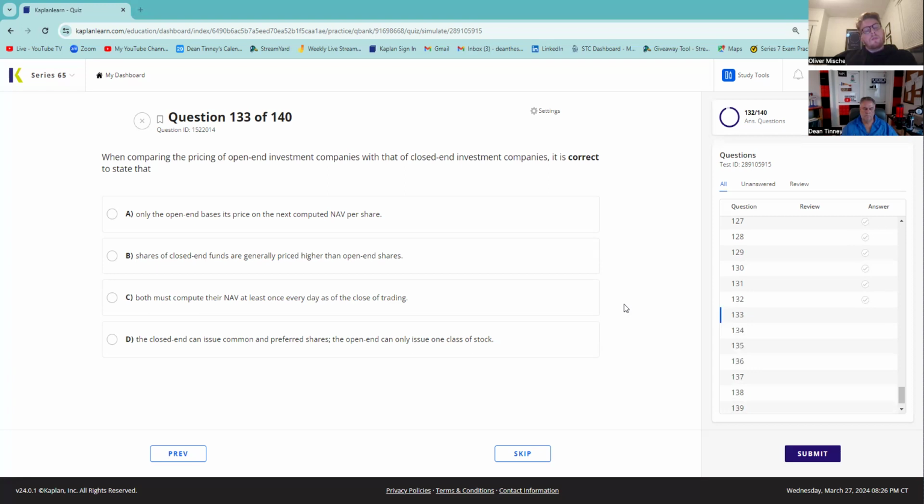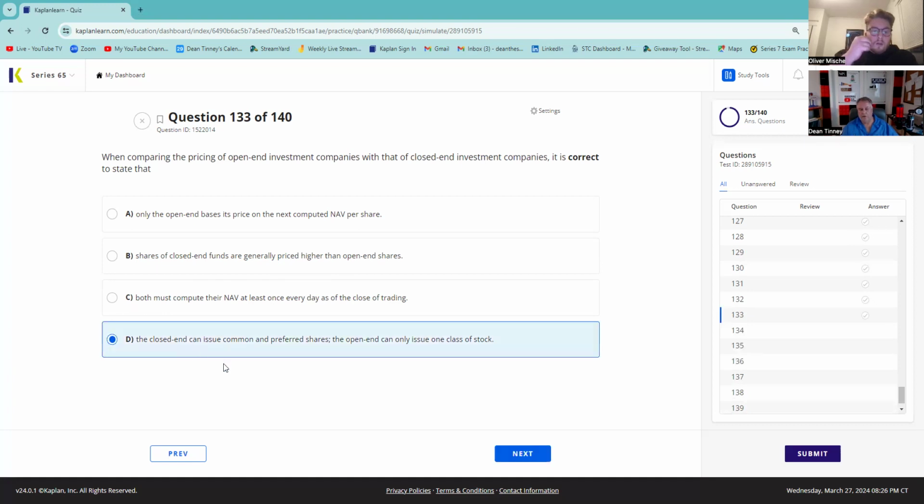D. No, closed-end funds can issue open-end funds. It says is correct. You said the closed-end fund can issue common and preferred, true. The open-end can only issue one class of stock. Yeah, that is true. So you are correct.